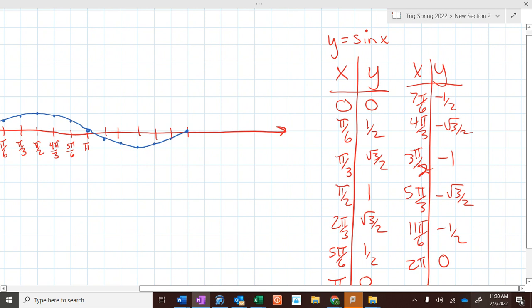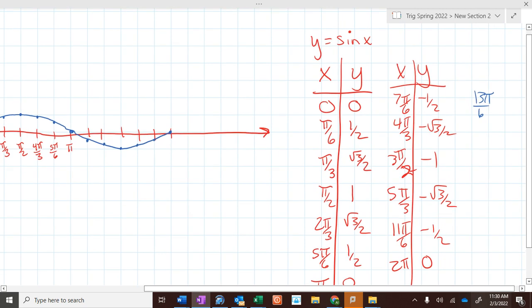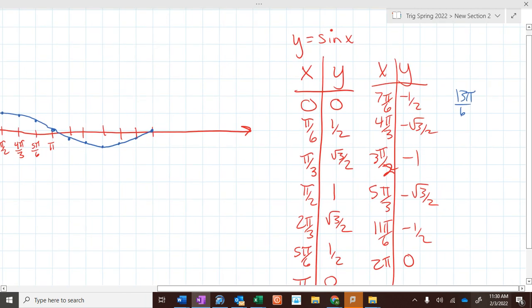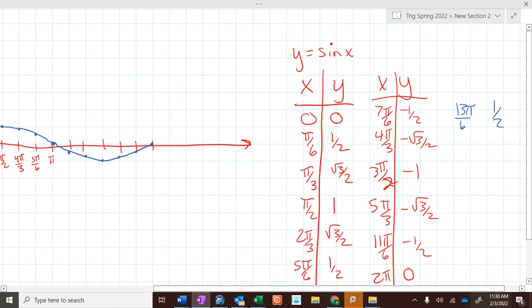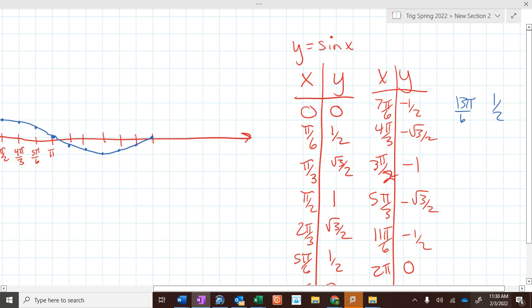What is 13 pi over 6? Why is it 1/2? It's coterminal with pi over 6, right? 13 pi over 6 is 1/2 because it's coterminal with pi over 6.